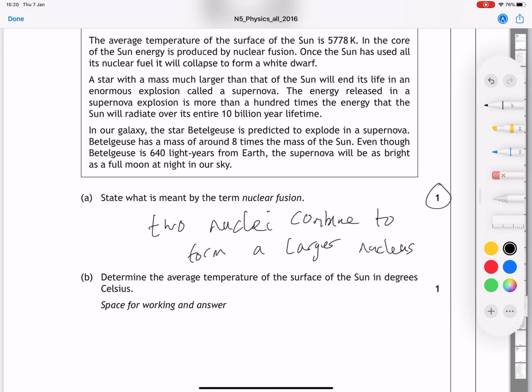Determine the average temperature of the sun in degrees C. It gives you it in 5778 Kelvin. So you need to take away 273, 5505 degrees C, 1 mark.